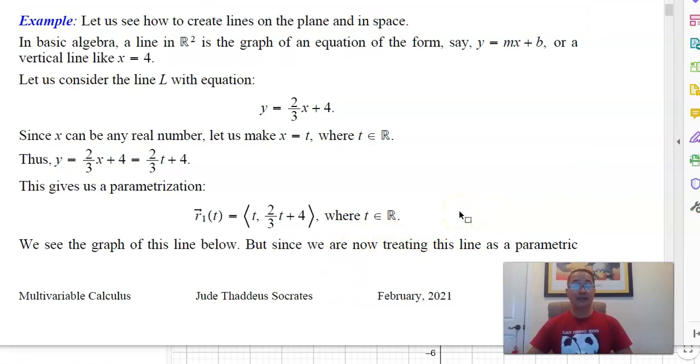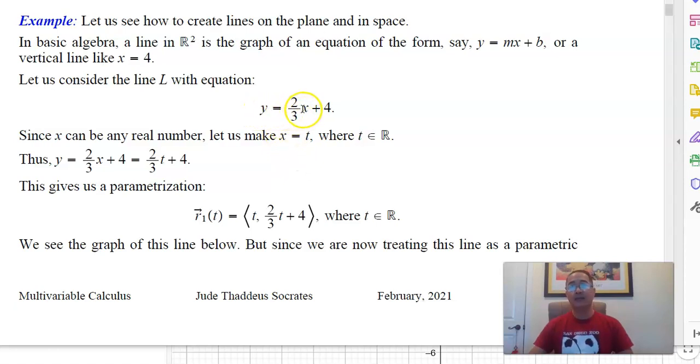Let's start out with the easiest kind of curve, a line, which again doesn't really curve at all, but we'll still call it a curve. Here's an example of a Cartesian equation for a line, y = mx + b. How can you turn this into a parametric curve? Very easy.